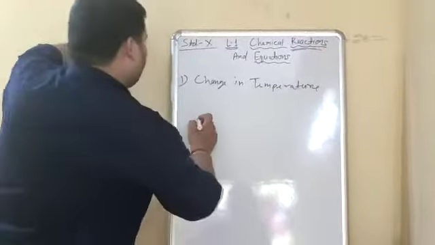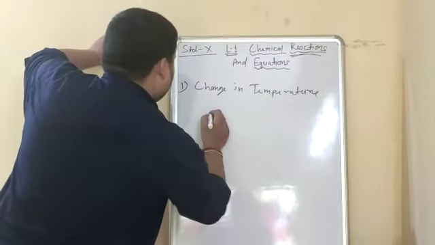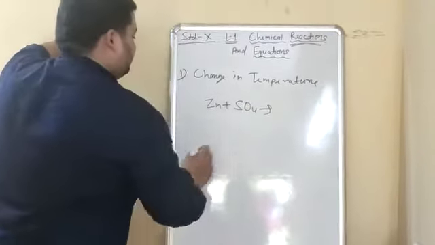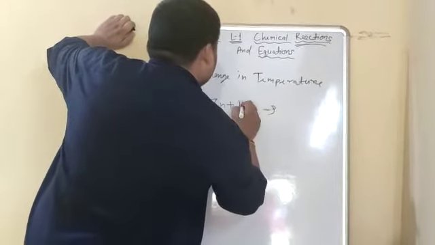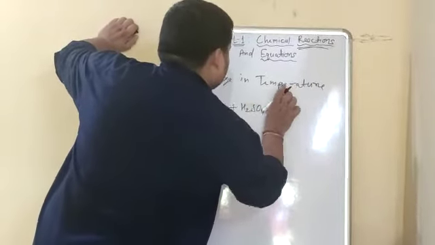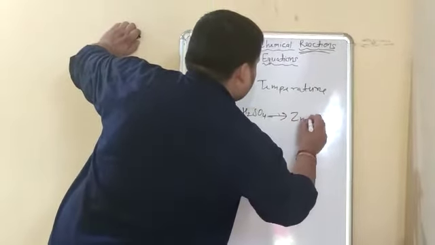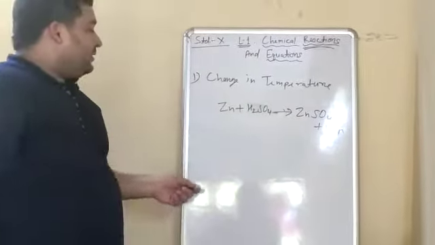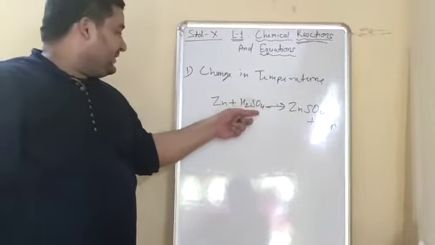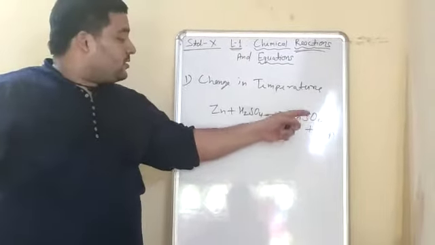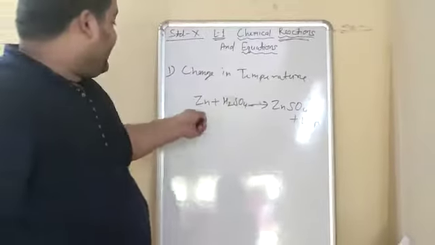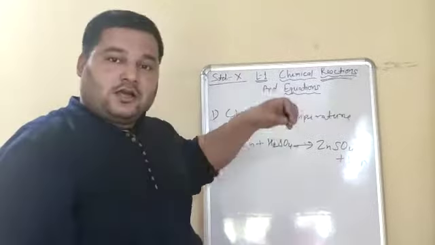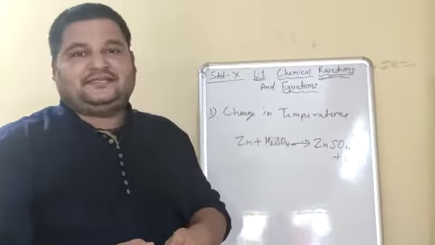Take example, same example, when zinc react with sulfuric acid, zinc sulfate plus hydrogen gas is released. And here when you will add zinc in sulfuric acid, lot of temperature, lot of heat will be released here.